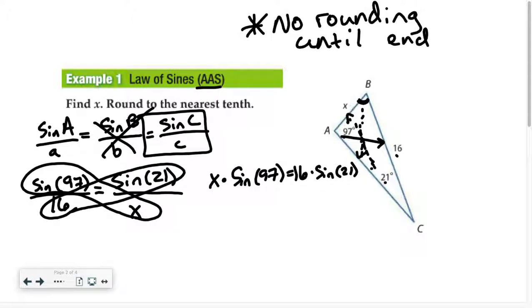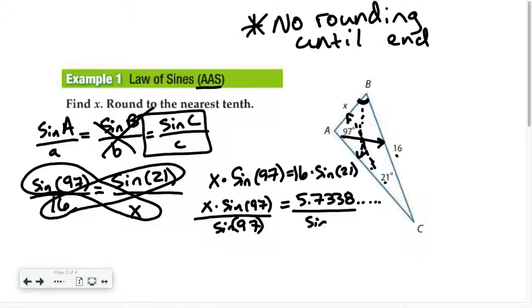So sine of 21 times 16 gives us, and I'm just keeping this all in my calculator. That's the nice thing about these scientific calculators. You can keep these decimals and just carry the answers through the problems. I'm getting 5.733887193 for sine of 21 times 16. And over here, I've got x times sine of 97. So I need to get rid of sine of 97 by dividing by sine of 97.